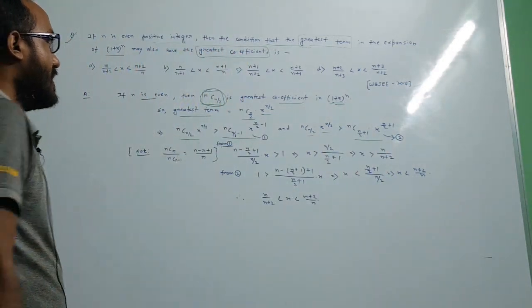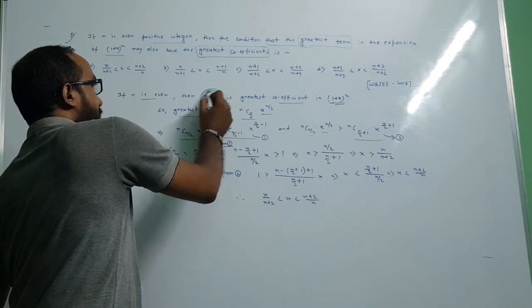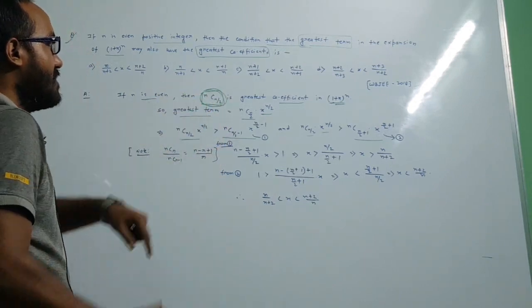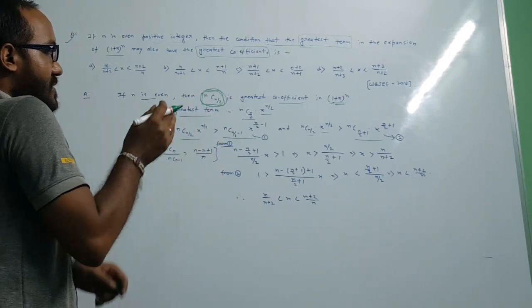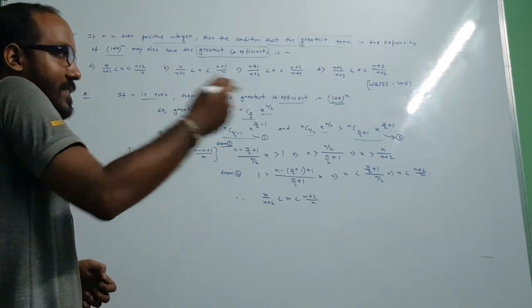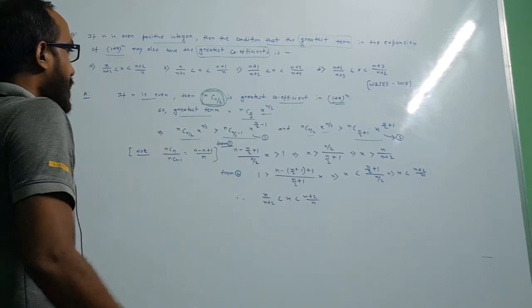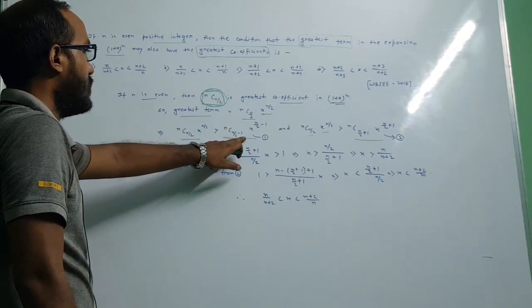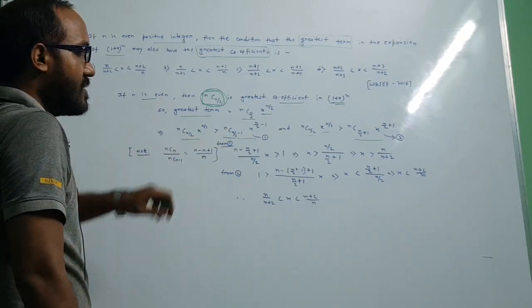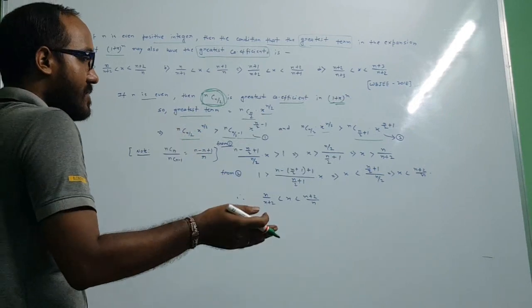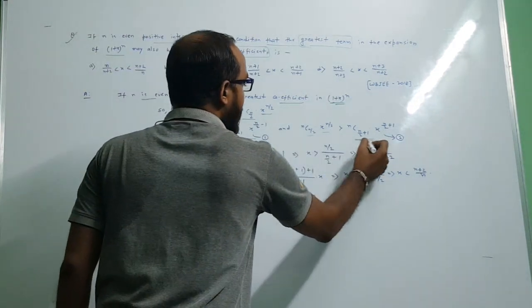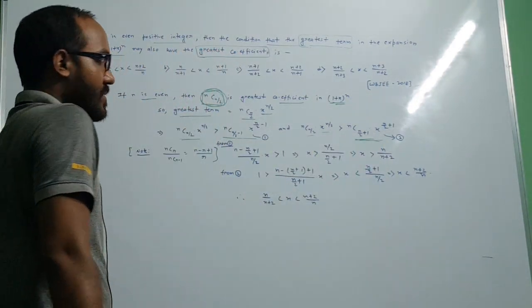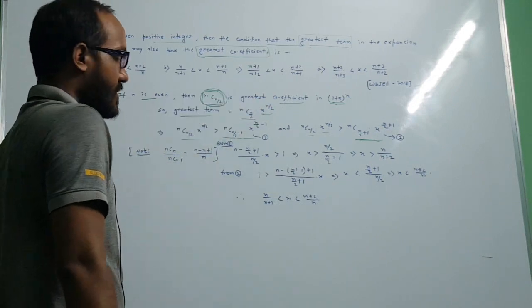This is very simple, right? If the middle term is the greatest, then the terms before and after it would be less than that middle term, because the middle term is the greatest coefficient.